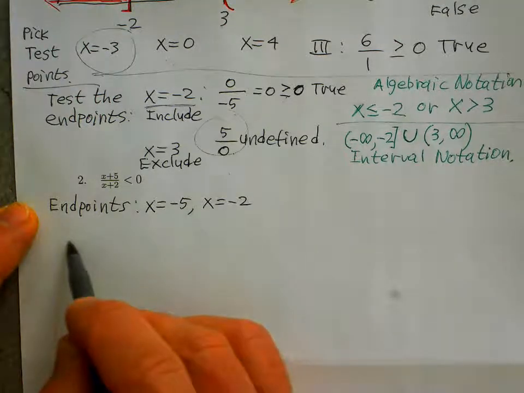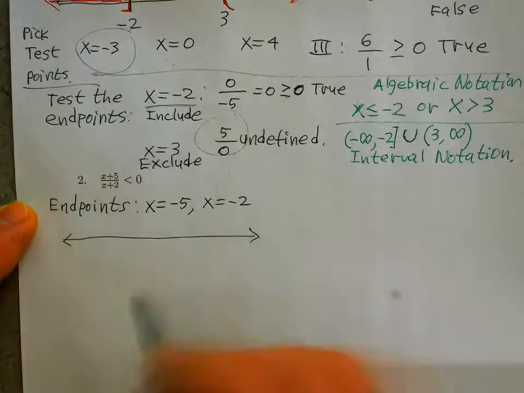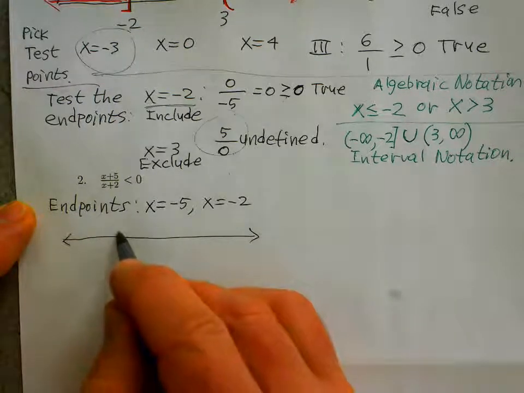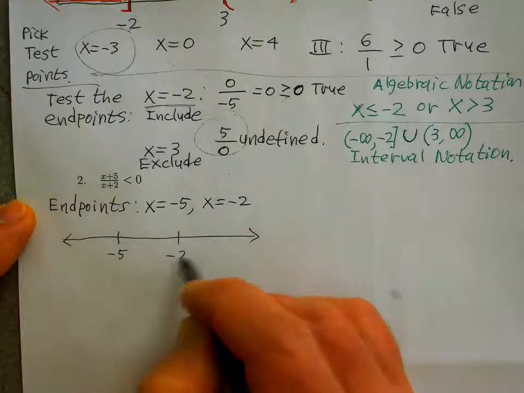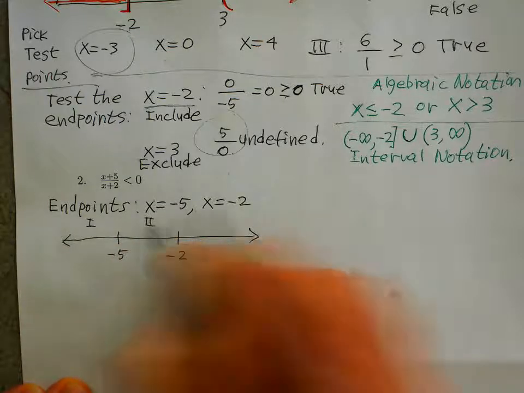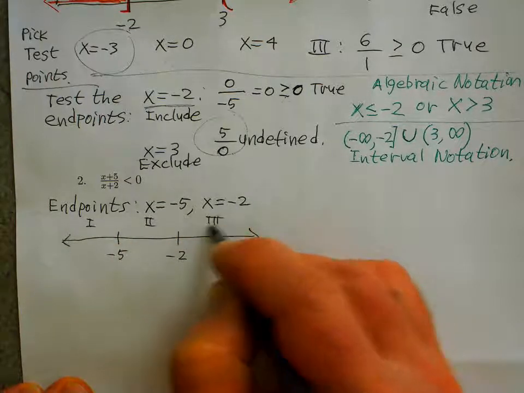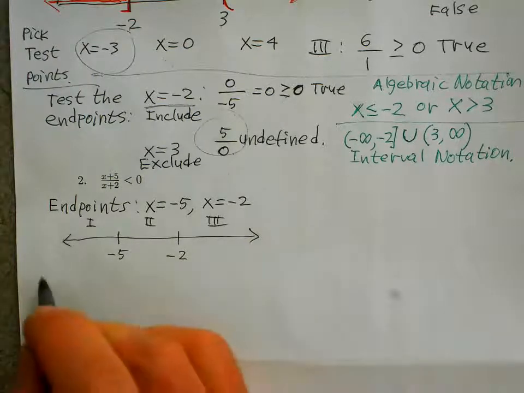On the number line, those two numbers divide the number line into 3 separate intervals. Negative 5 is to the left of negative 2. So we have 3 separate intervals to test. Then we pick test points.